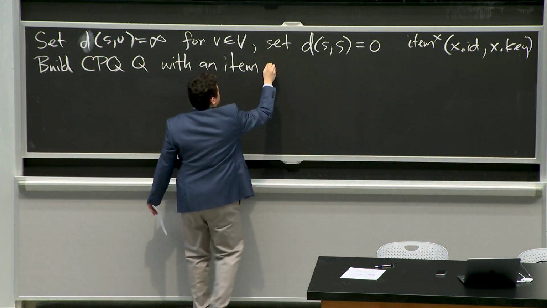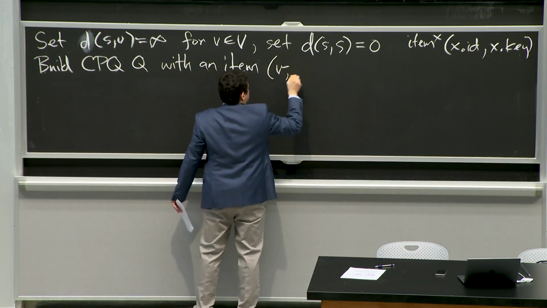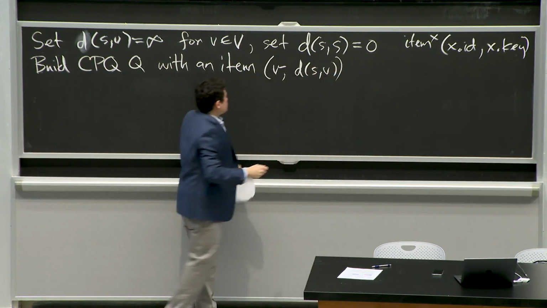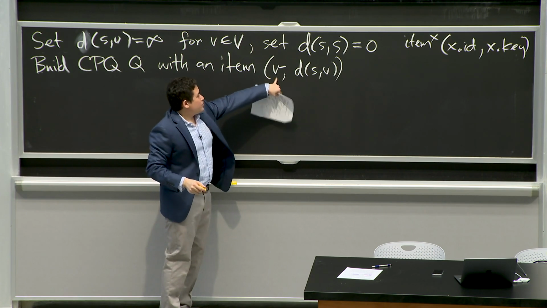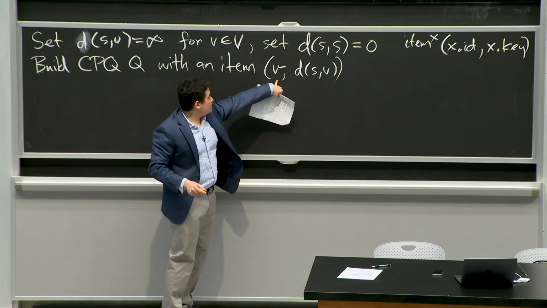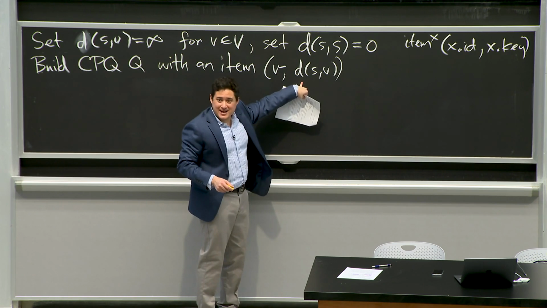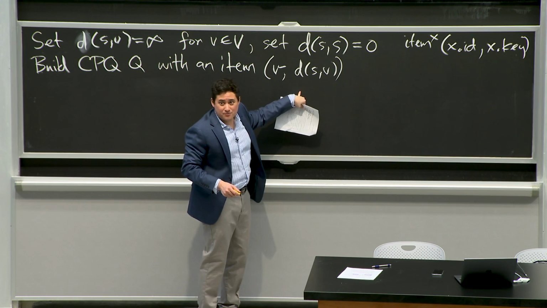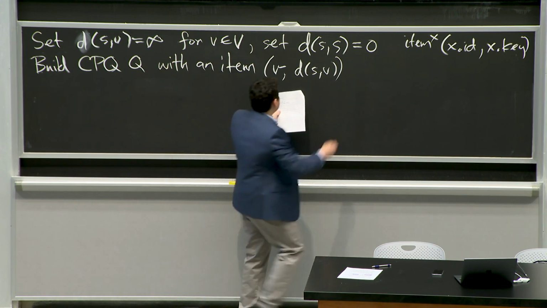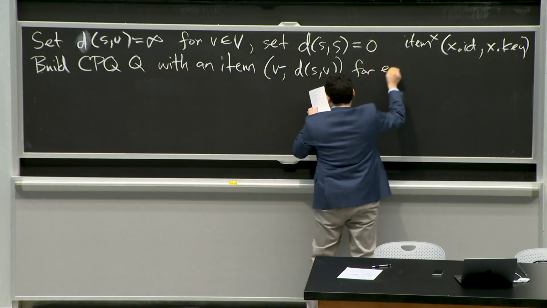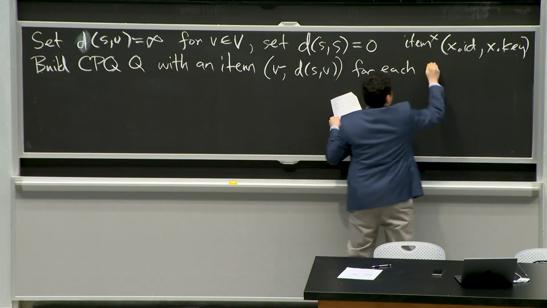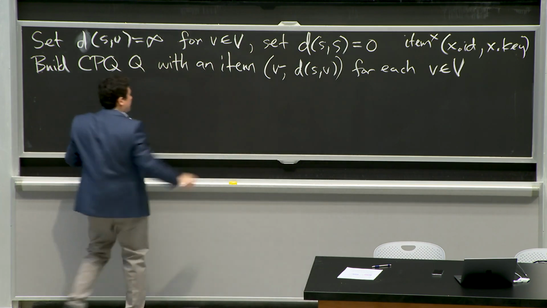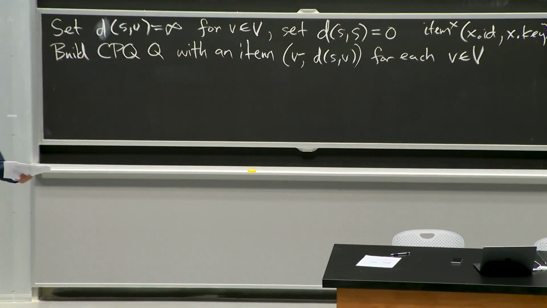With an item v, d of s,v. So I'm going to be storing in my changeable priority queue the vertex label and its shortest path distance estimate, d. And that's going to be the key, the minimum that I'm going to be querying on for each v in V. So I'm going to build that thing. It's going to then have all of my vertices in my graph.